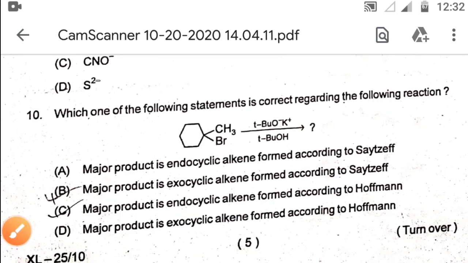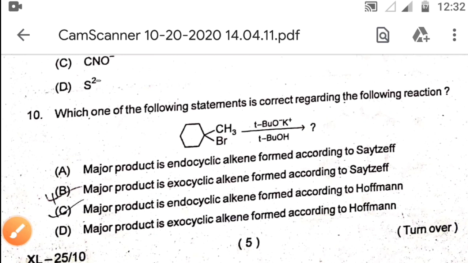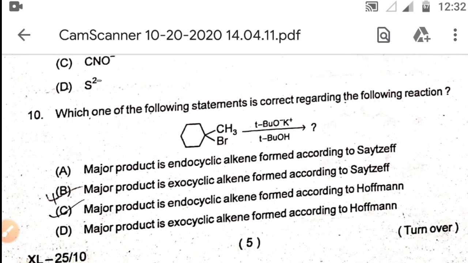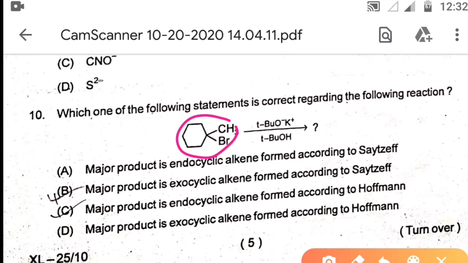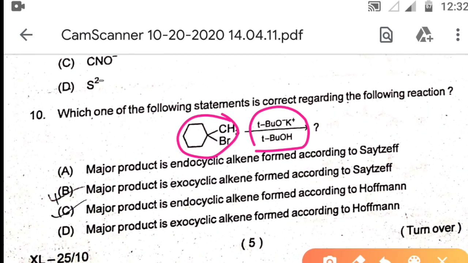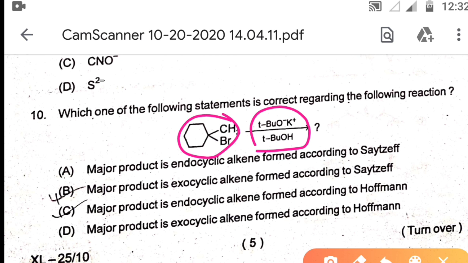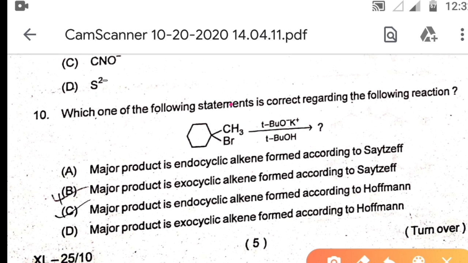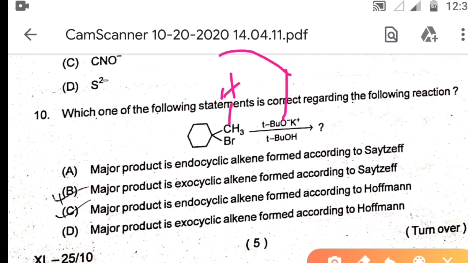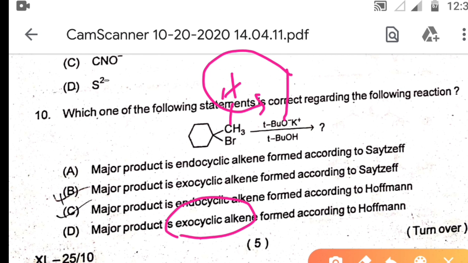Okay, the next question is, which one of the following statements is correct regarding the following reaction? So the compound here is treated with tertiary butoxide. See, your tertiary butoxide is a bulky base. So here a bulky base is given, so it will follow the Hofmann product. Here one hydrogen is present, so your tertiary butoxide base will abstract one hydrogen from the less sterically hindered side to form an exocyclic alkene.